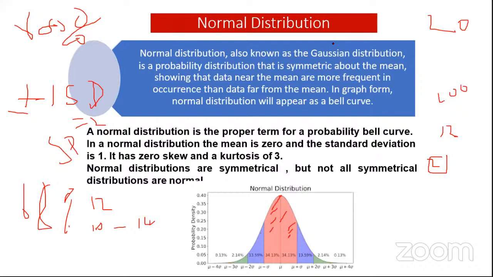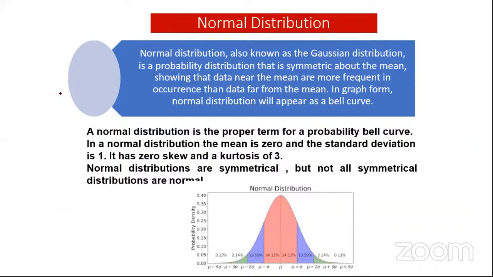Then, apart from that, 95% of our population will fall between plus or minus 2 standard deviations. That's what we are saying.